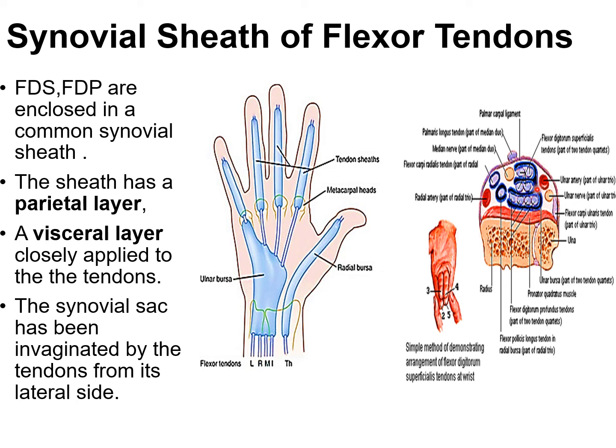It appears that the synovial sac has been invaginated by the tendons from its lateral side. This is the medial side, this is the lateral side. It appears that this sac of synovial bursa is invaginated by the tendons from its lateral side, thereby giving this appearance.